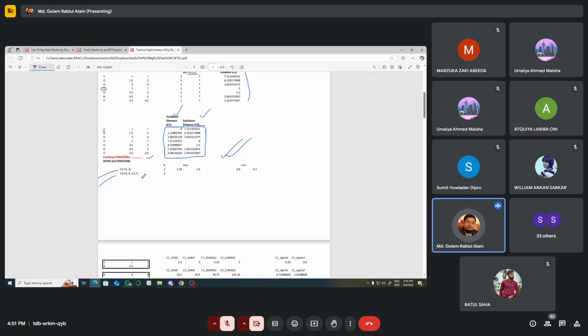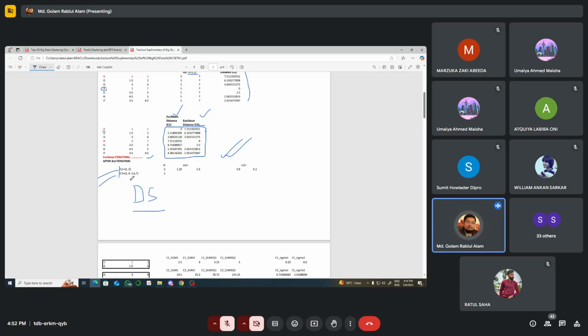Okay, after the third iteration, we will get these two clusters. That means these two clusters are in our DS, that is our discard set. So we have two clusters, one is C1 and another one is C2.